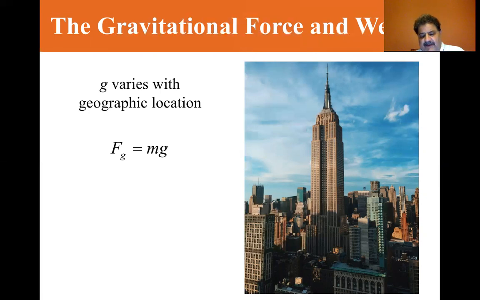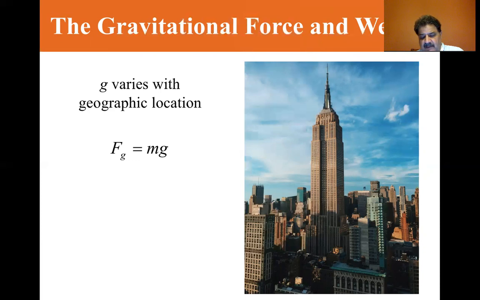So an object weighs less at higher altitudes than at sea level. For example, a 1,000 kilogram pallet of bricks used in construction of the Empire State Building in New York City weighed 9,800 newtons at street level, but weighed about 1 newton less by the time it was lifted from the sidewalk level to the top of the building.